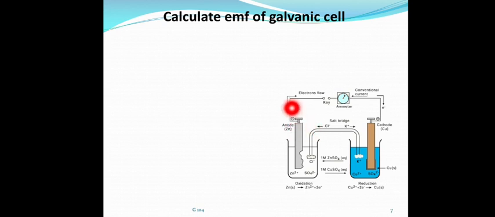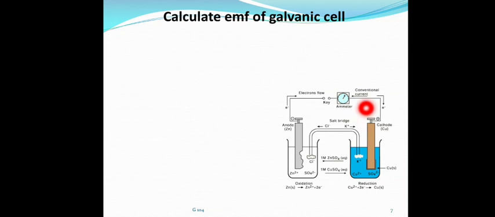So what happens when they are connected? Here the zinc electrode is taken with its own ions, that is zinc sulfate, and the copper electrode is taken with its own ions, that is copper sulfate. And you simply connect it with a wire. Electrons flow from anode to cathode.